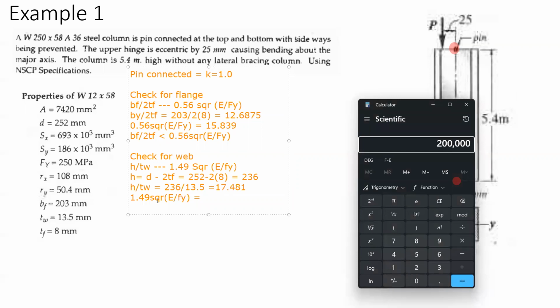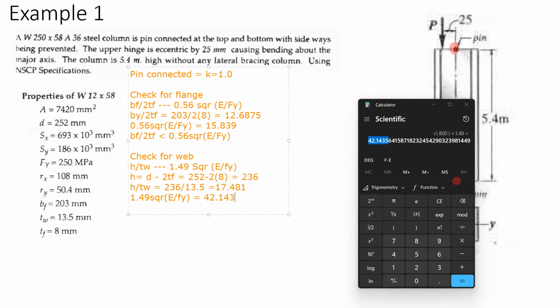E is 200,000. Fy is 250. This is 800. We take the square root and multiply it to 1.49. This is 42.143, which is greater than H over TW. Therefore, it is compact and it's also not slender.